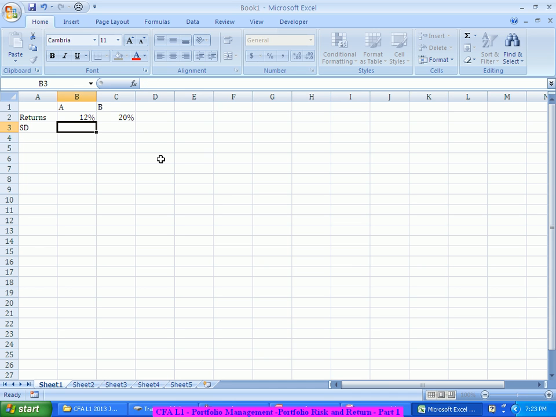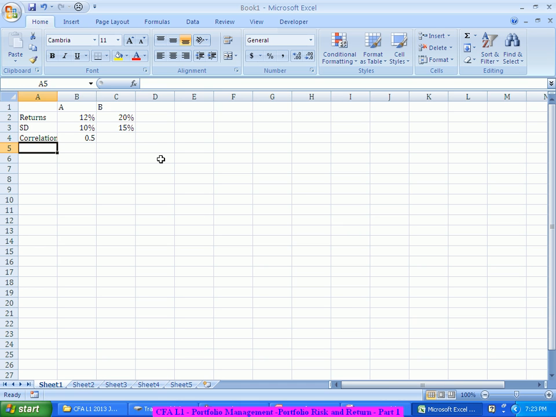The standard deviations I have found out: let's say A has a standard deviation of 10, B has 15. And correlation, let's take it as, let's say, 0.5.